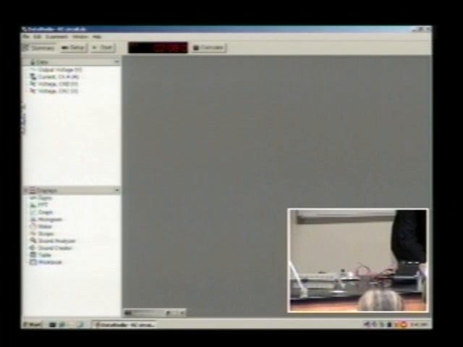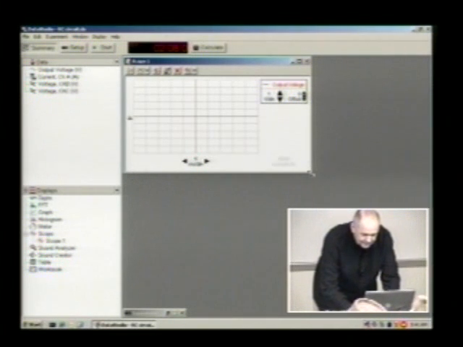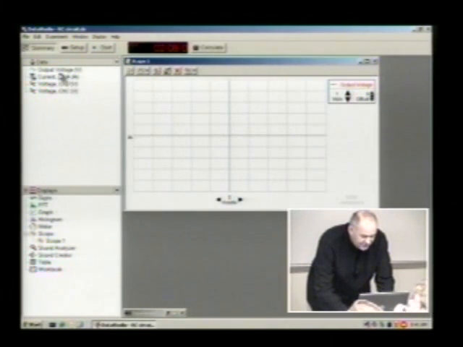I will leave just power supply and connect capacitor directly to the power supply without a resistor. And relate potential difference across this element with the current flowing in this element.